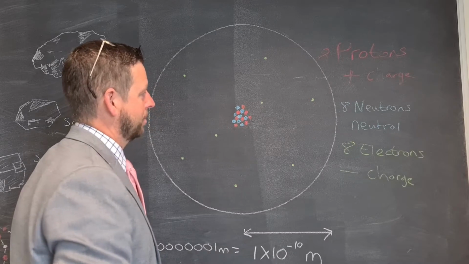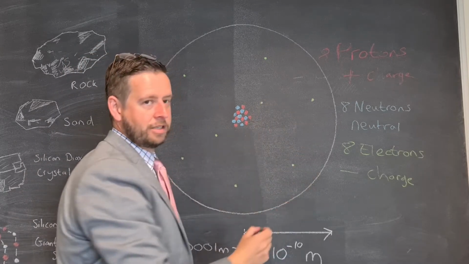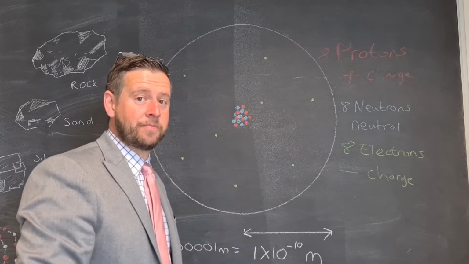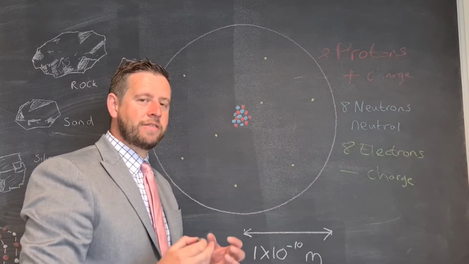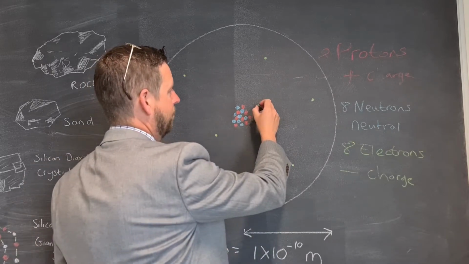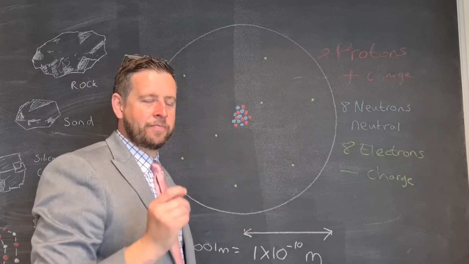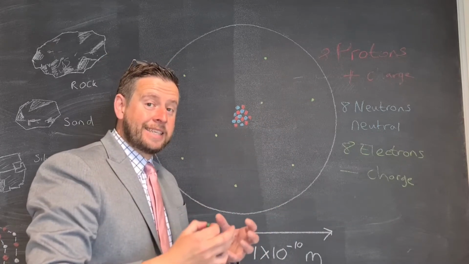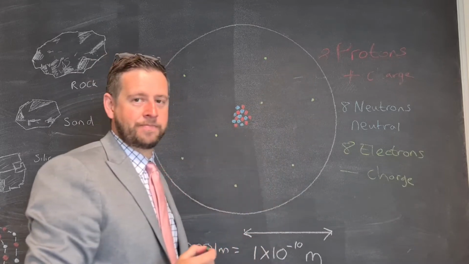Now, what can happen to an electron in this shell structure is it can move positions if it is given energy. If it is given just the right amount of energy for a transition from one allowed state to another allowed state, then it will absorb that energy that has given it that promotion.